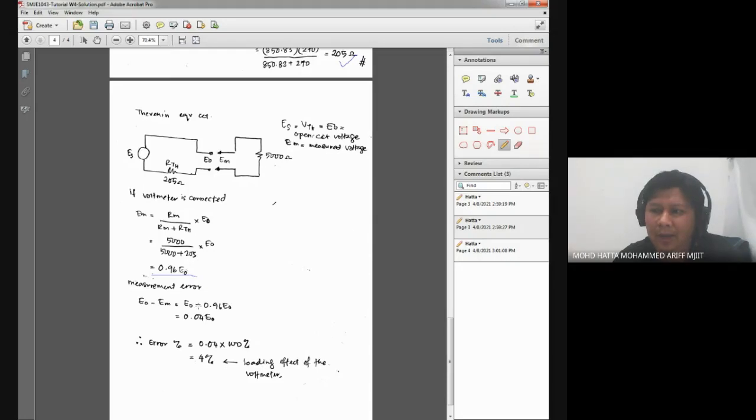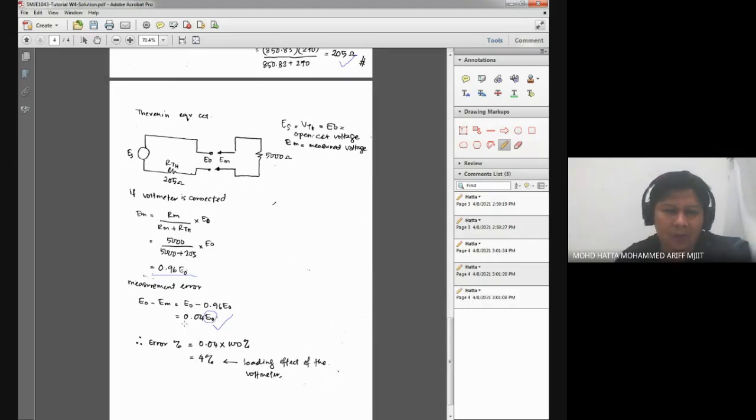And if I would like to determine what is the measurement error, I would use this strategy, EO minus 0.96 EO, or EO minus EM, and I will get the measurement error over here. But again, it's in terms of EO.